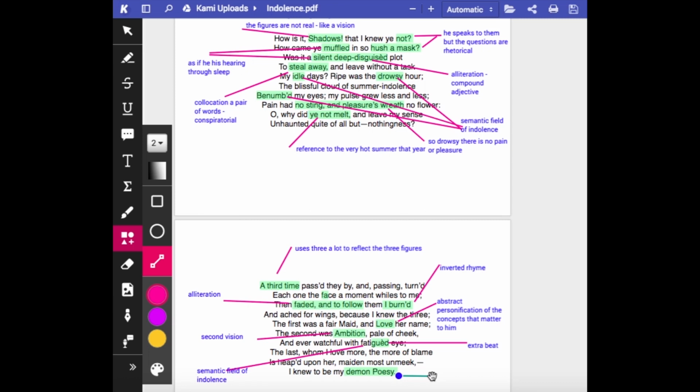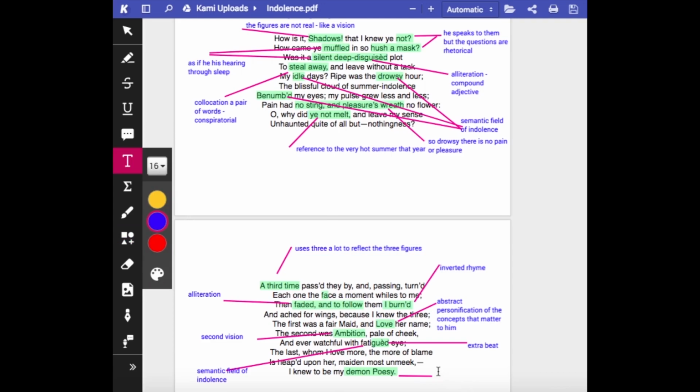That's the one that he can't get to grips with. That's the one he ought to be doing, but that's the one that he finds difficult, and ambition is nothing without his poetry, and love in a sense is kind of useless. So then he moves on to the next stanza and a little bit more alliteration.